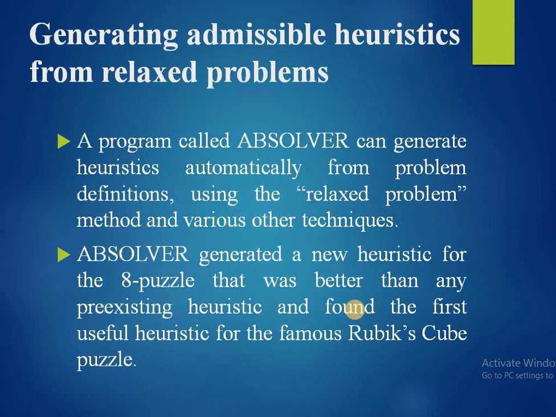A program called ABSOLVER can generate heuristics automatically from problem definitions using the relaxed problem method and various other techniques. ABSOLVER generated a new heuristic for the 8 puzzle that was better than any pre-existing heuristic and found the first useful heuristic for the famous Rubik's Cube puzzle.